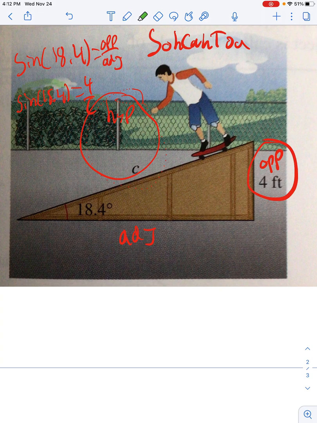What we end up doing is flip-flopping where these two are. So I multiply by c on both sides, and then divide by sine 18.4: sine 18.4 times c equals 4, divide by sine 18.4.